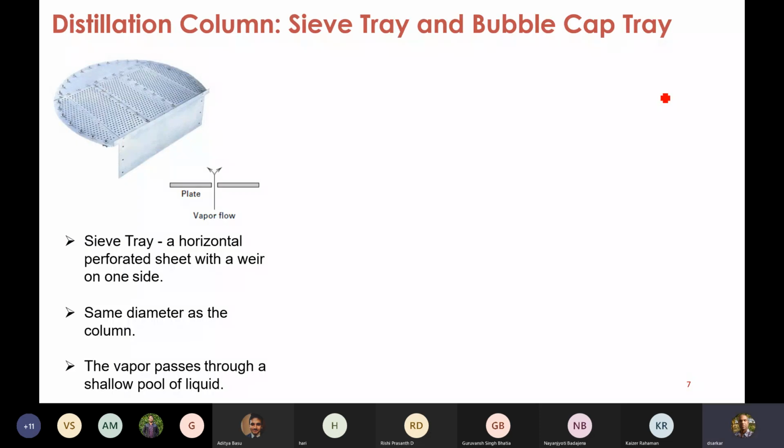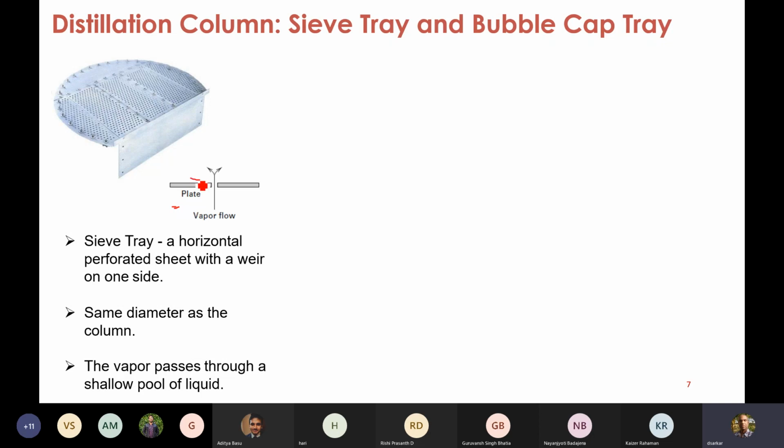What we have in our laboratory is a sieve tray distillation column. Sieve tray is one of the simplest trays. It's nothing but a perforated sheet. It's a horizontal perforated sheet with a weir on one side, and schematically this is how the vapor will pass through.